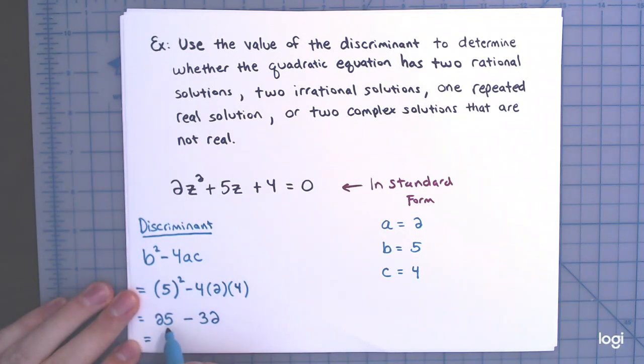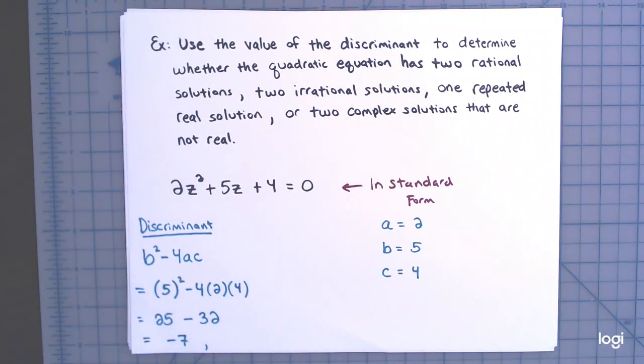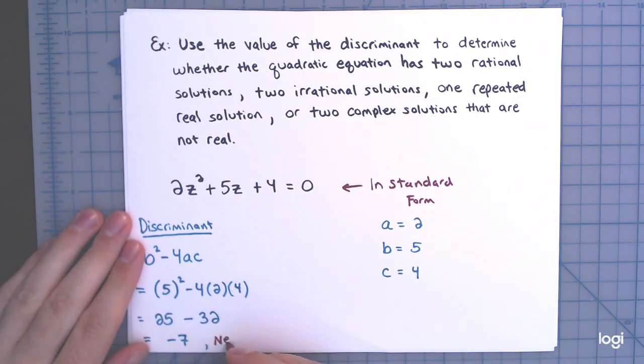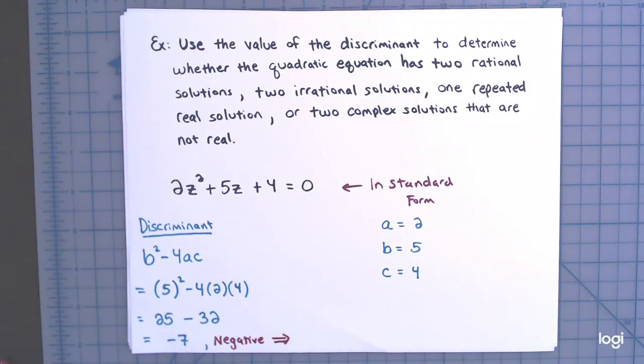Alright, and then 25 minus 32 is negative 7. So which of those four cases do I have here? The value of b squared minus 4ac is a negative number. And that was case 4.